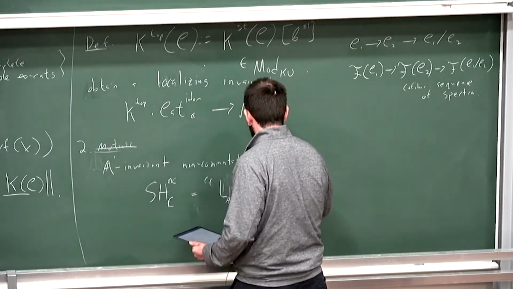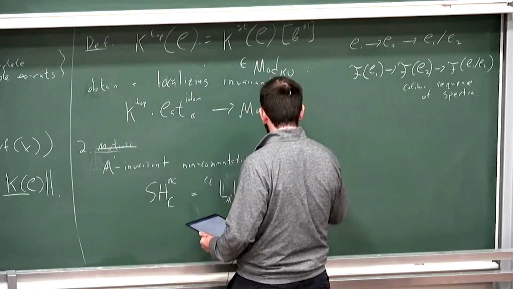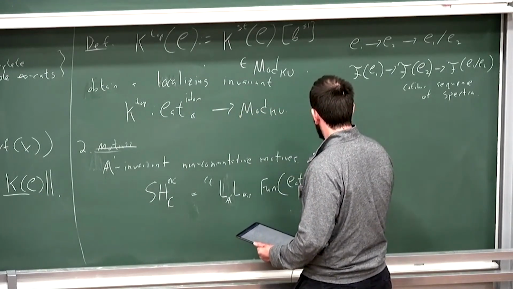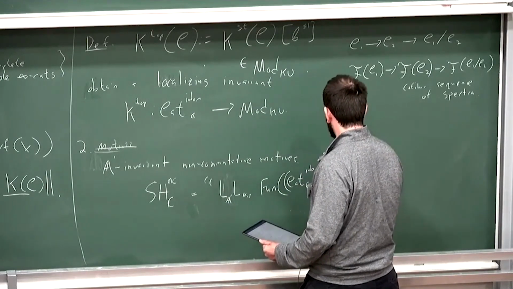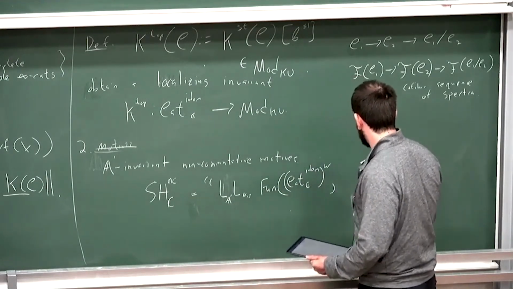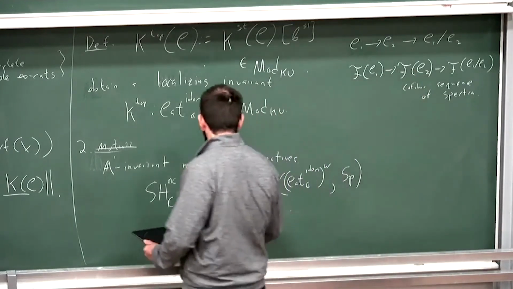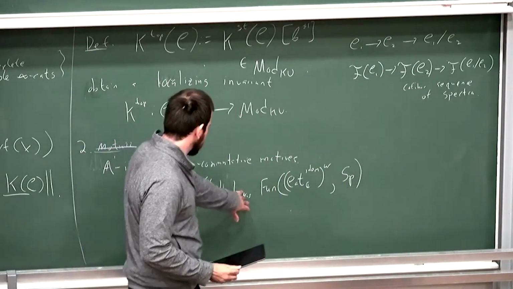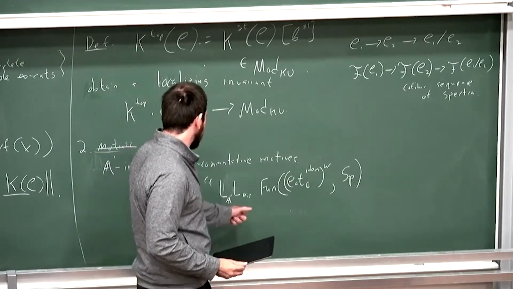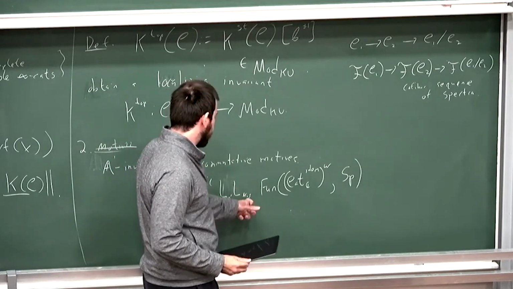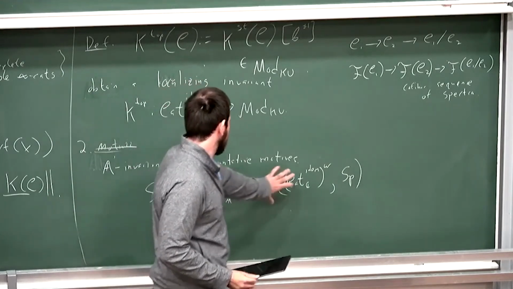So we can think of this as basically functors from compact objects in idempotent complete linear categories to spectra, and you apply this Nisnevich localization, so it's functors that are A1-invariant and satisfy a certain sort of Nisnevich descent, right?